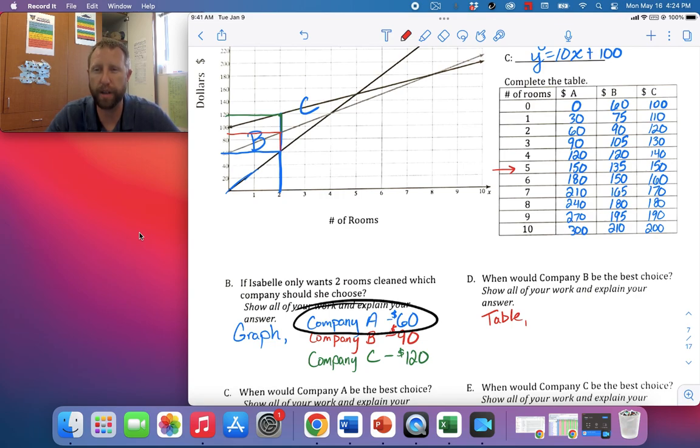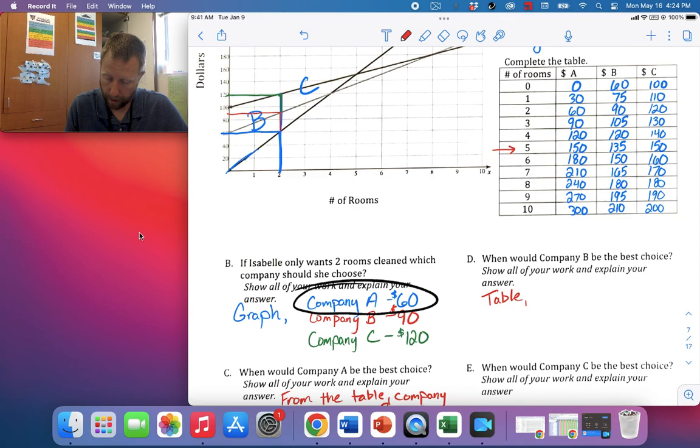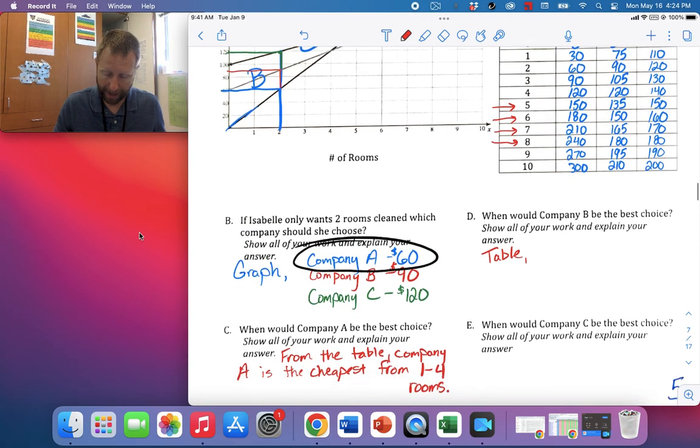So I'm just going to focus on company B and company C. It's the cheapest for 6 rooms also, because 150 is cheaper than 160. It's cheaper with 7 rooms, 165 compared to 170. For 8 rooms, it's tied. They both cost 180.